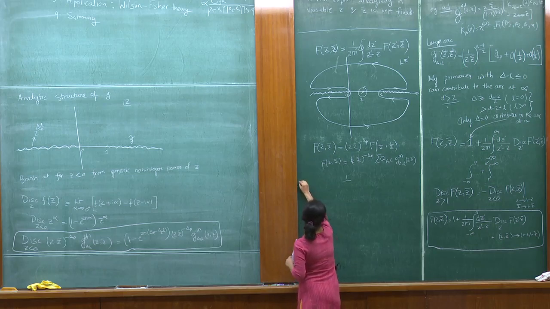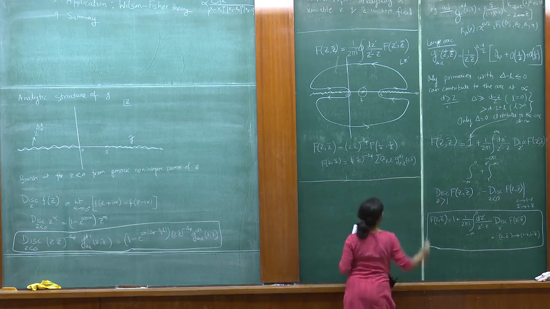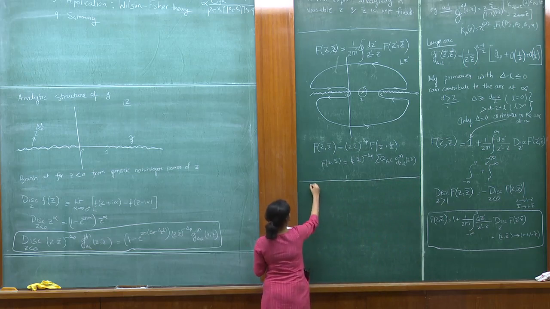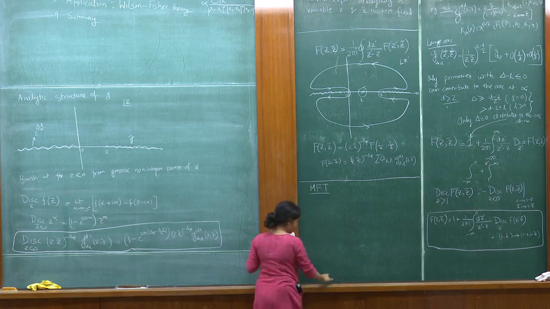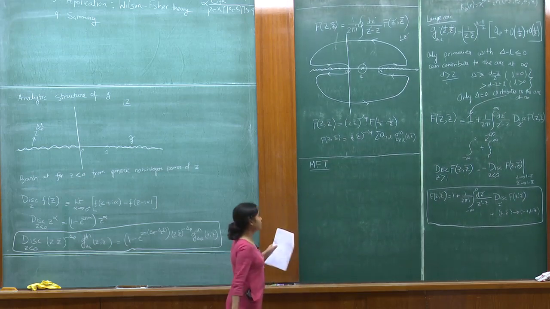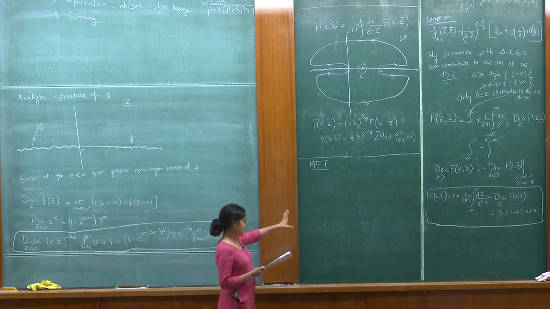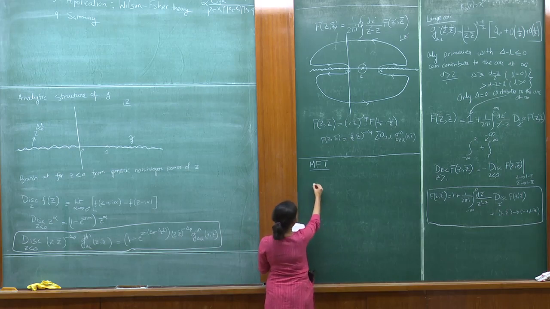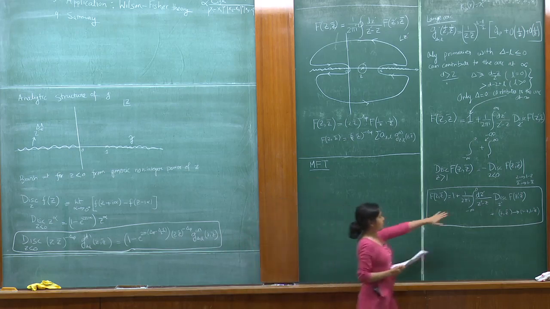So now let's see how it works. To start with, one can see how it works for mean field theory, where the 4-point function is given as a Wick contraction.